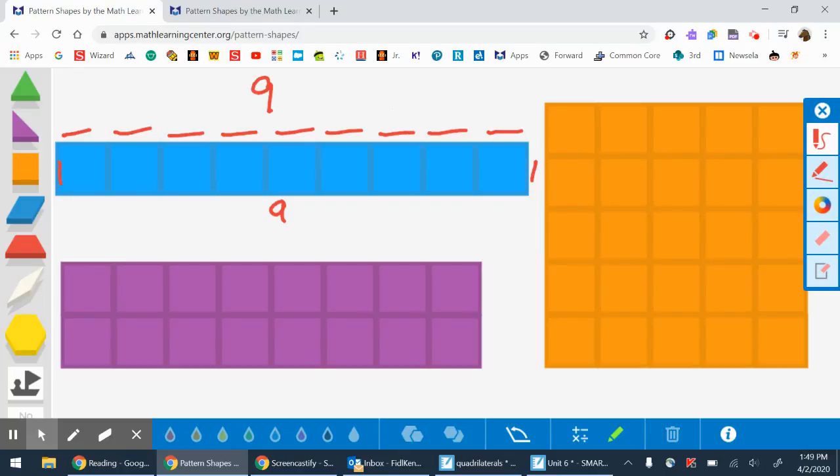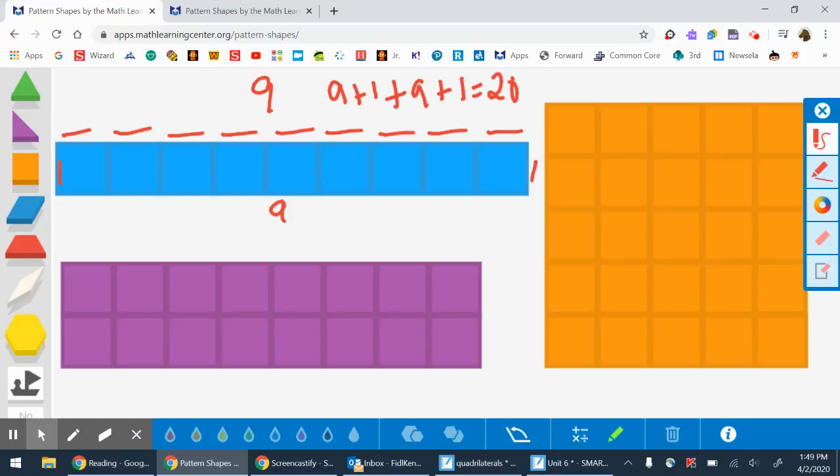So if I count that out, I can also write an addition problem. So I can write 9 plus 1 plus 9 plus 1. Well, I know 9 and 1 is 10, and another 9 and 1 is 10. So that would be 20. Okay, so that one has a perimeter of 20 that can sit around it.